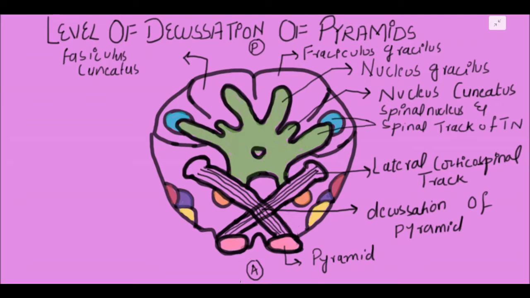What other features can we see here? These three tracts. Starting from here, this is the posterior spinocerebellar tract.